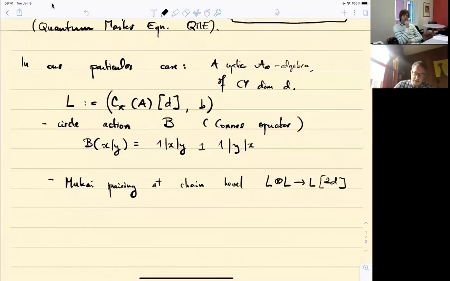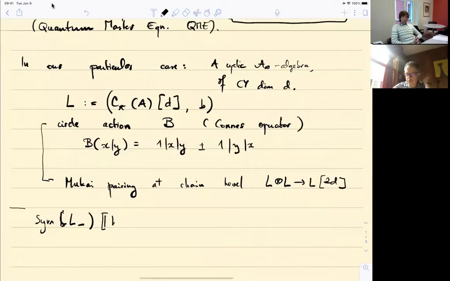So this Hochschild chain complex of my cyclic A infinity algebra carries these two structures, so I can do all the construction that I've told you before abstractly. I can do it for my algebra. So the conclusion is that L minus, where again L minus means I joined this formal variable u inverse, and I'm going to put two variables, h bar lambda, is a BV algebra with respect to the operator delta that I defined a page or two ago.